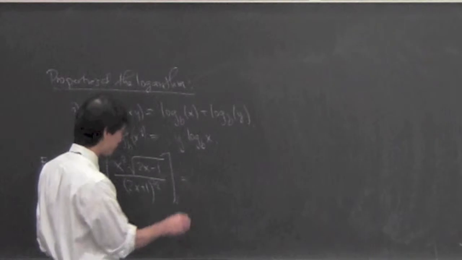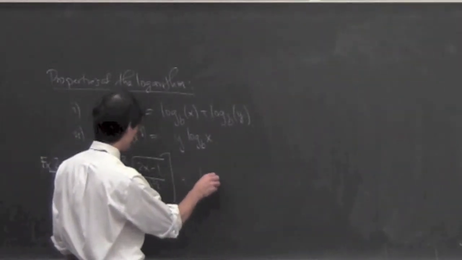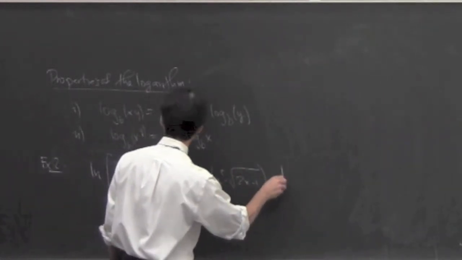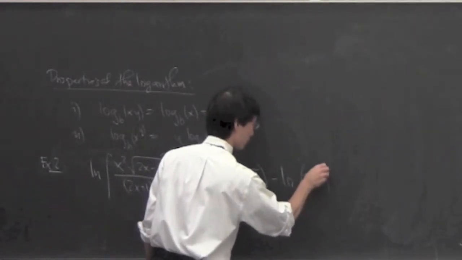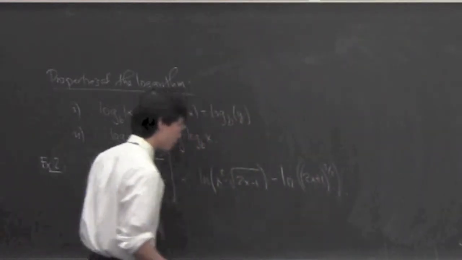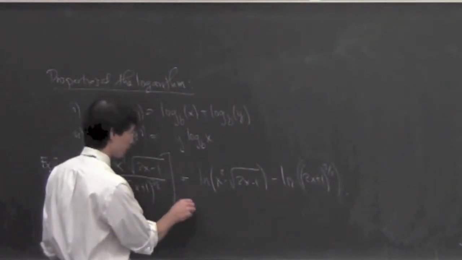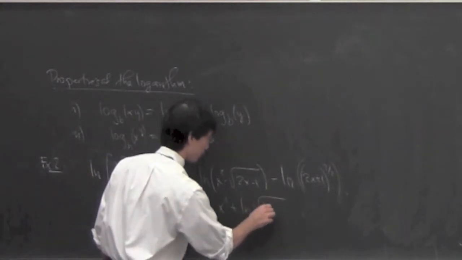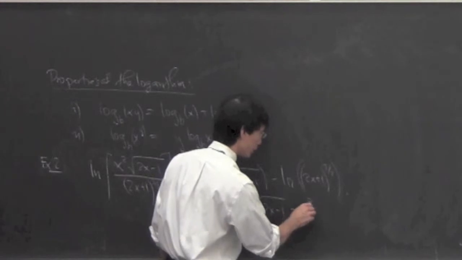So you could do ln of the top terms minus ln of the bottom terms. And then the next step, for the first one, ln of x squared plus ln of the square root of 2x minus 1, minus everything else, but you could pull out the 3 halves in front.